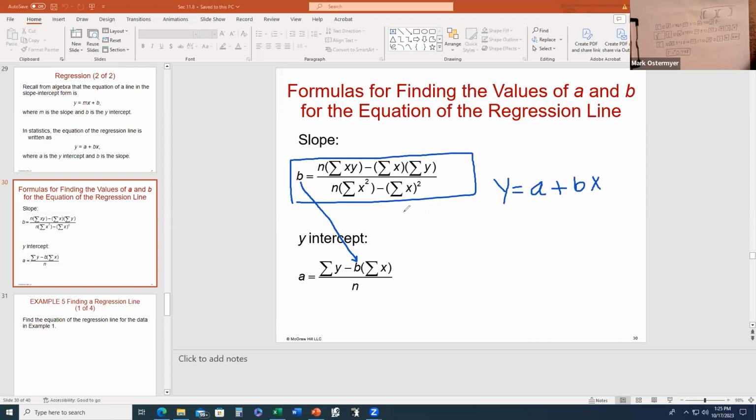Please write these formulas down. Just jot them down now, if you can do that. Notice we got a bunch of summation notation again from our ordered pair data set. All right, so go ahead and write those down.